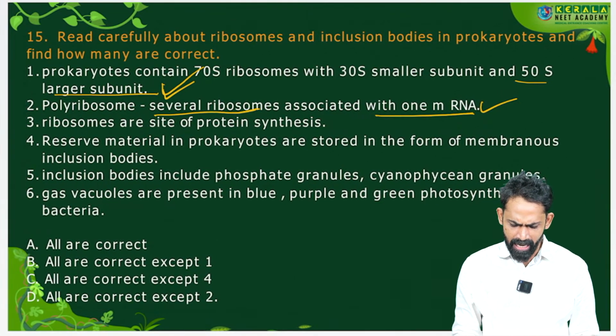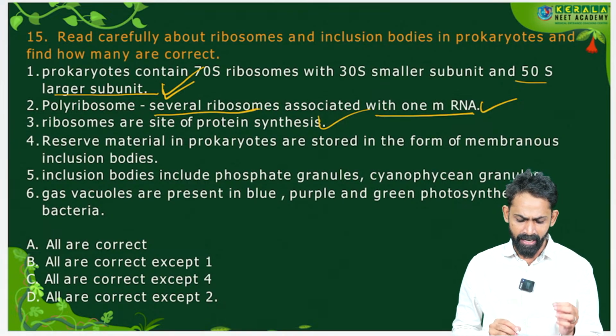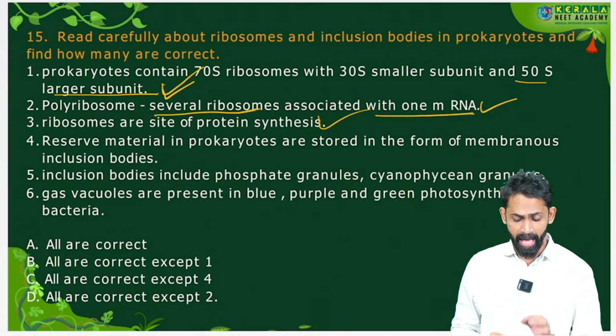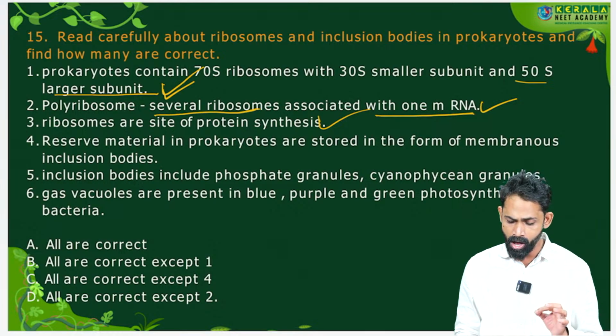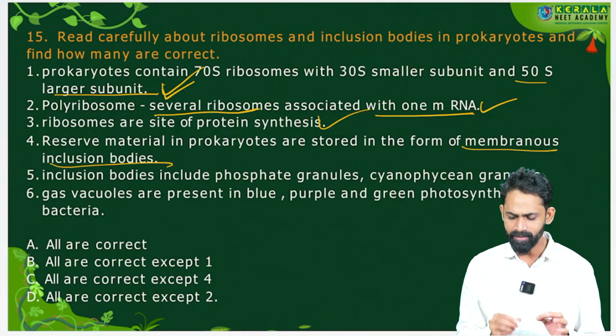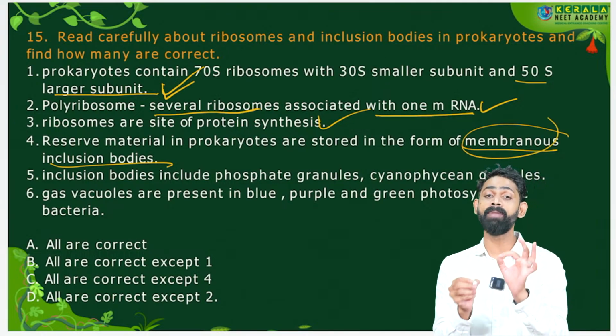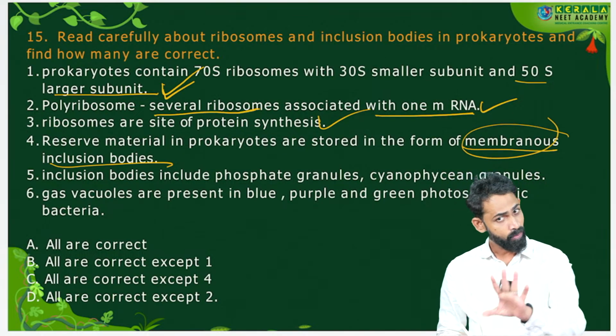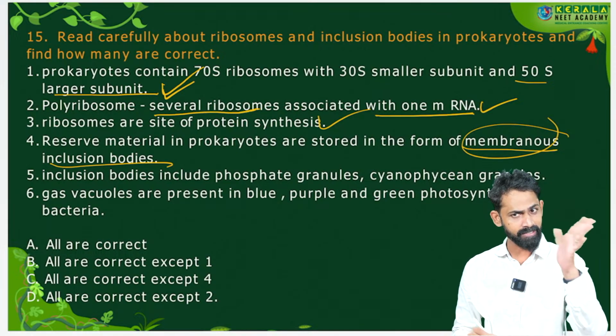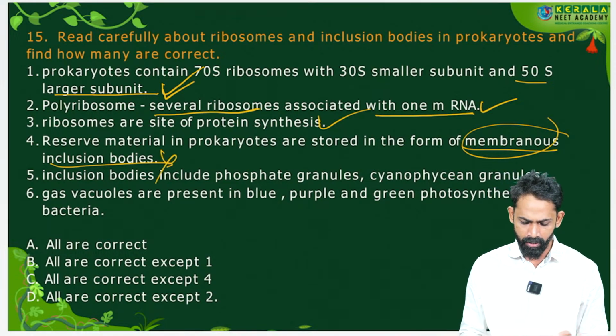Now, the next one. Several reserve materials in prokaryotes are stored in the form of, here I changed one small thing: it's not membranous, this is non-membranous, already mentioned. What are the 4 non-membranous structures? I am not repeating. So I made it wrong.